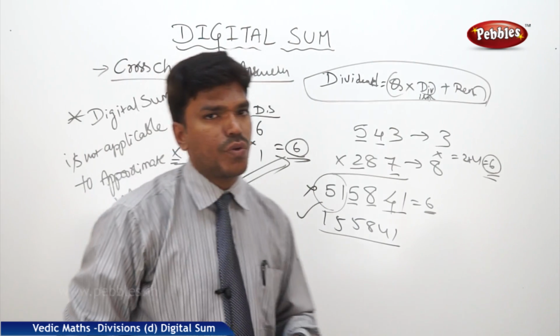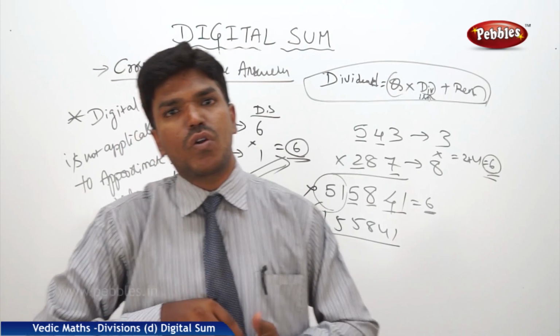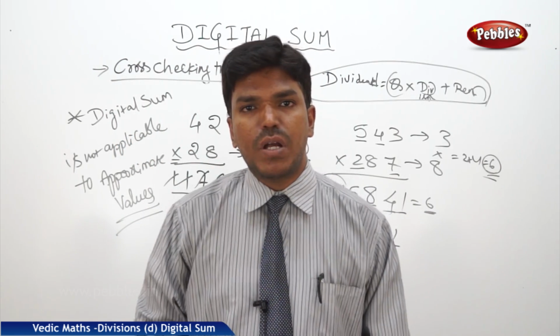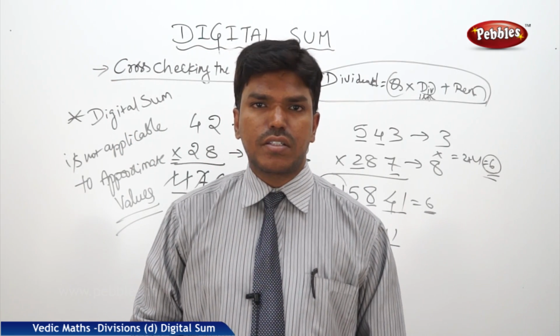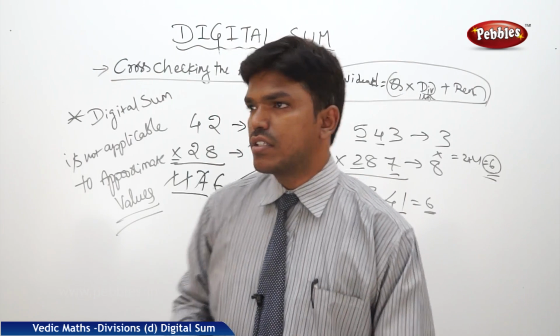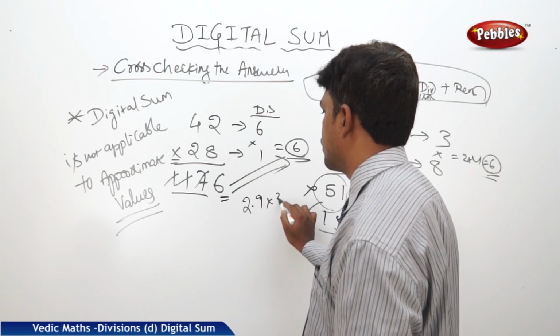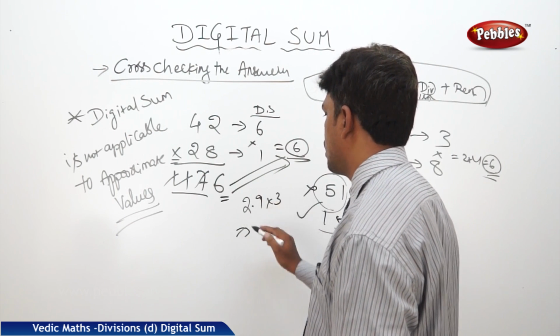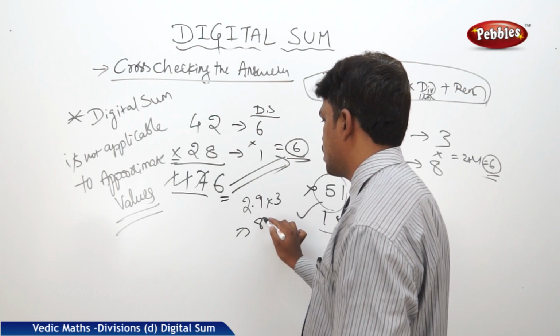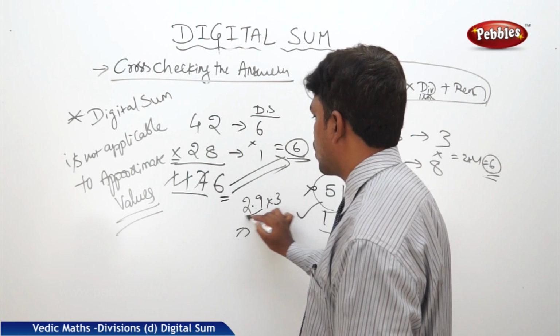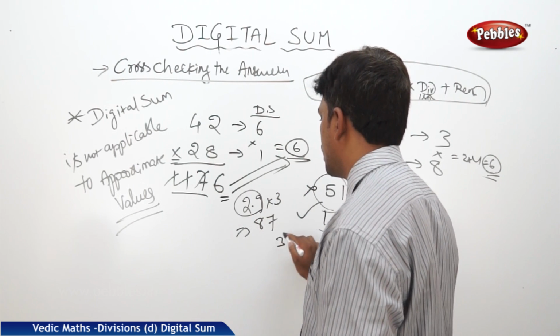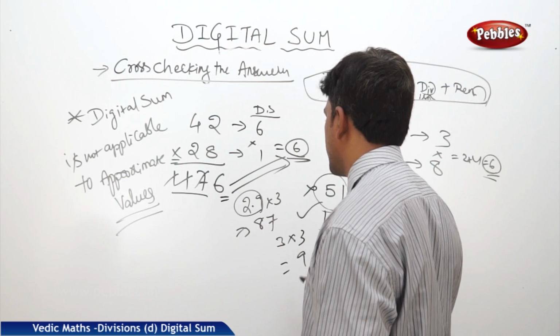Whenever you are doing some approximation and you go for the digital sum, we cannot assure the answer. Why? See, suppose I am doing 2.9 into 3. 2.9 into 3 is 8.7. But if I round up 2.9 to 3, then 3 into 3 is how much? 9.